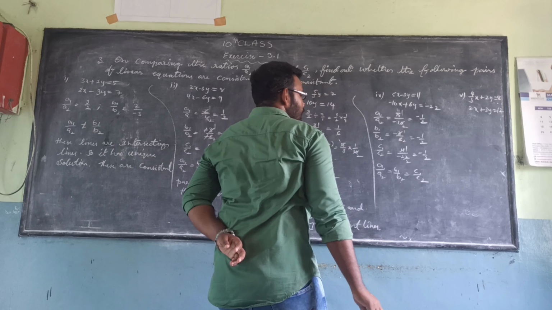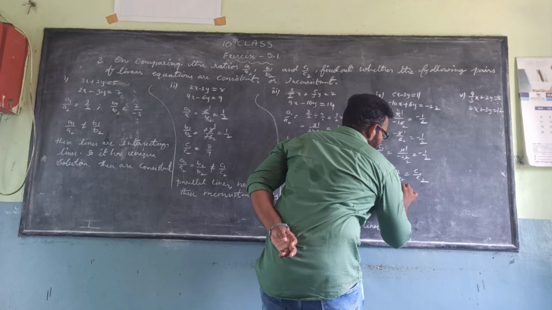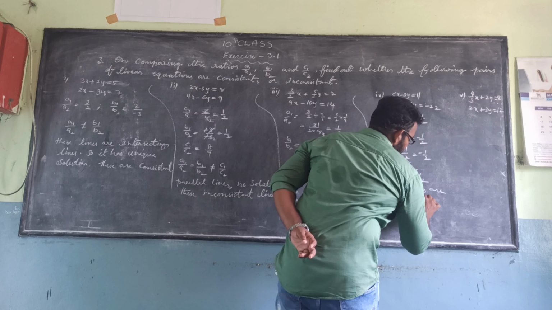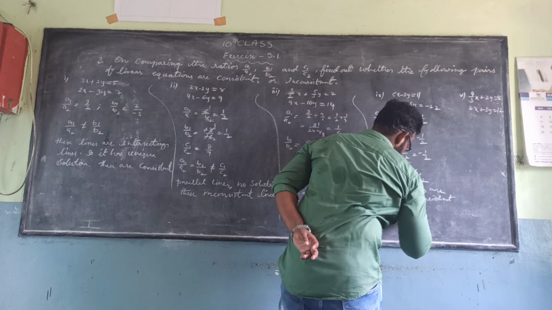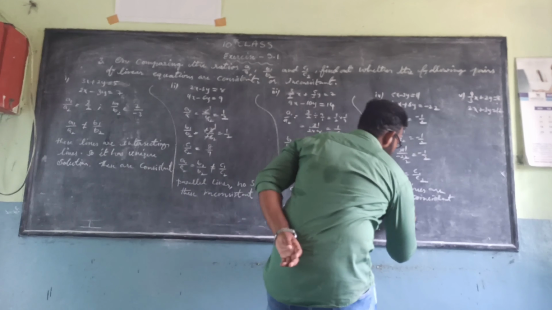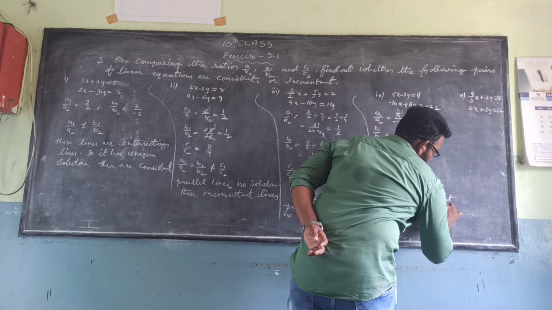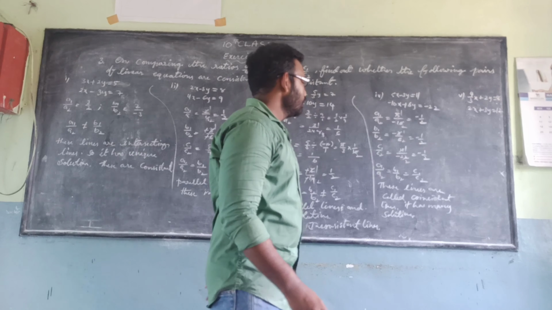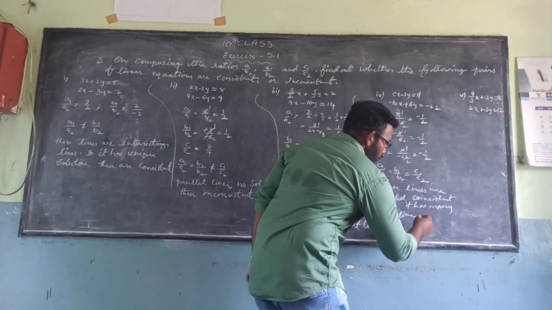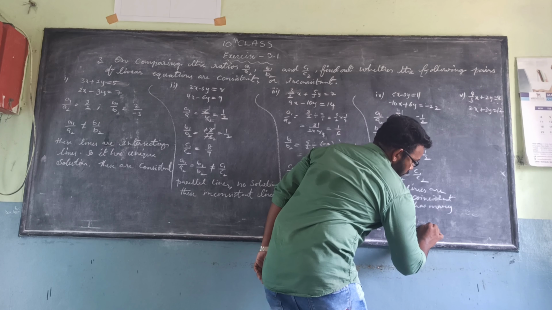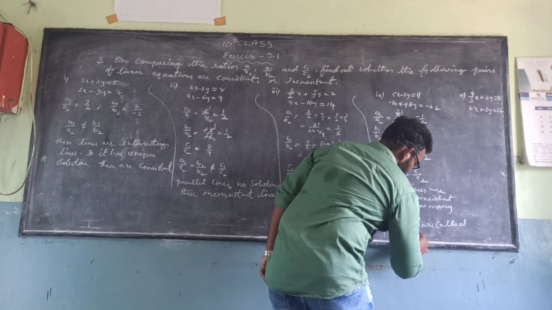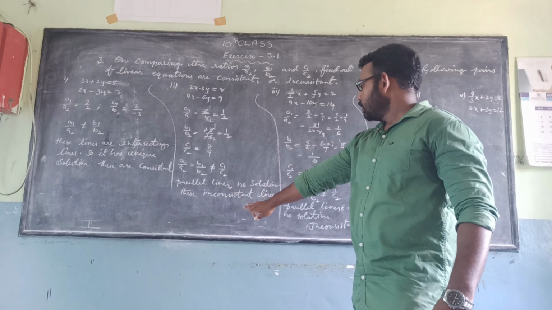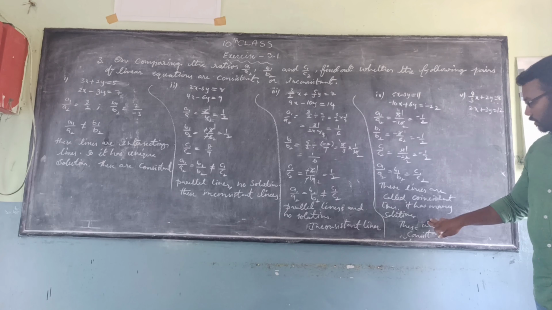So these lines are called coincident lines, and they have many solutions. So we can say that these lines are consistent. The second and third are inconsistent, and the first and fourth are consistent.